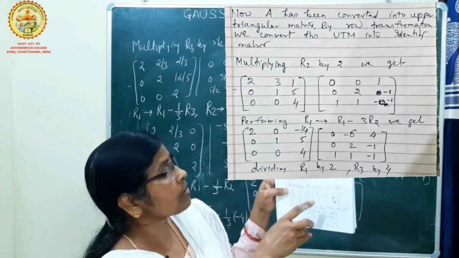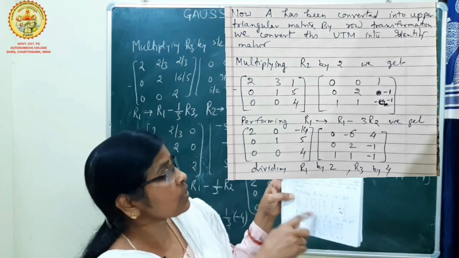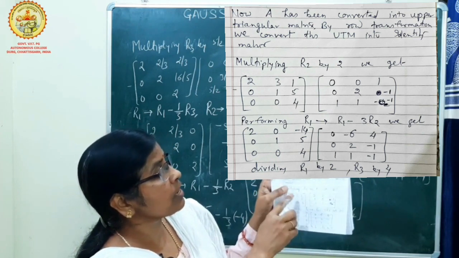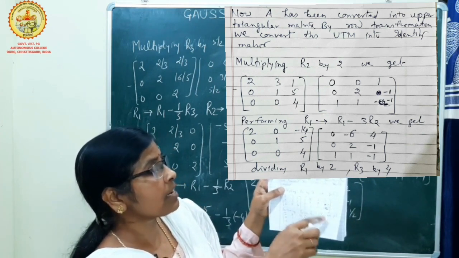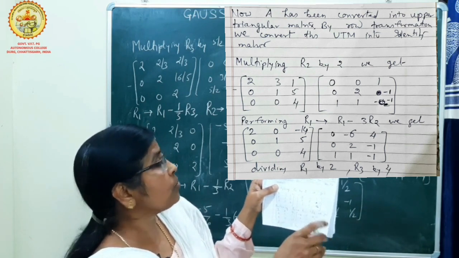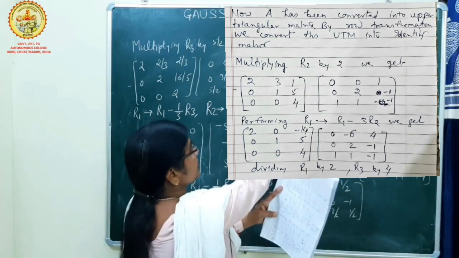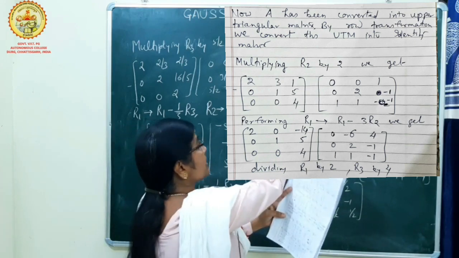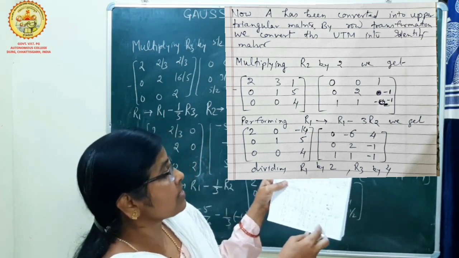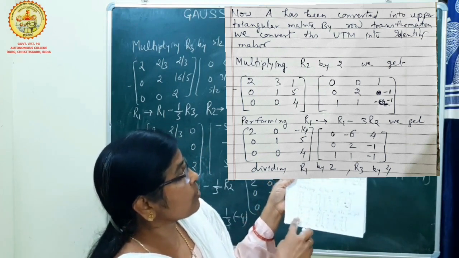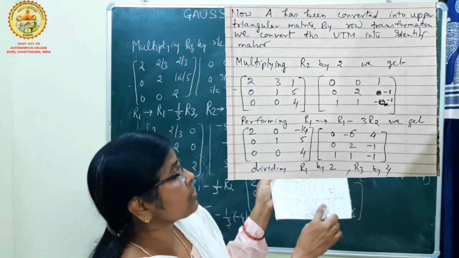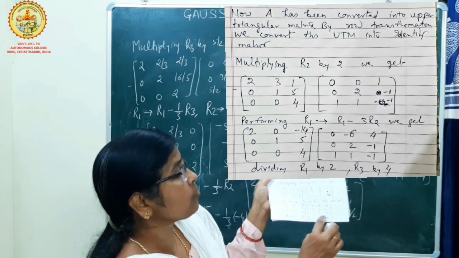So the first component is 2 minus 3 times 0, which is 2. The second component is 3 minus 3 times 1, which is 0. The third is 1 minus 15, which is minus 14. Similarly, no change in the third row. In the second matrix we get 0, minus 6, 4, 0, 2, minus 1 and 1, 1, minus 1.